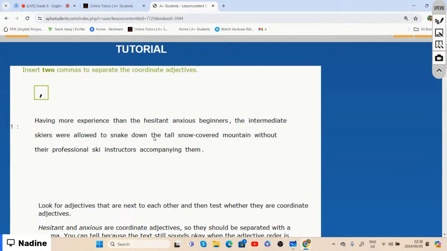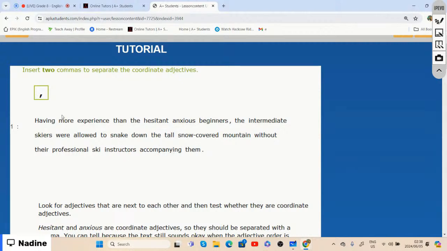And if we were to add our commas, right, then we will definitely add our comma by tall, snow covered mountains without their professional ski instructors accompanying them.